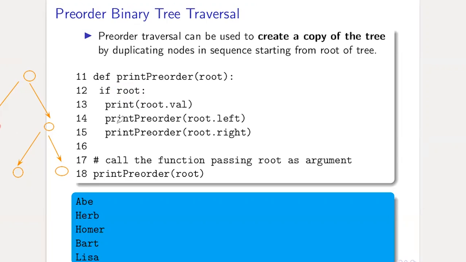So I will pass a pointer to this node, and then I come back again here with this particular node. I will check whether it is null, or none. No, there is a valid pointer here, so I will print this value, and then I will call the left.